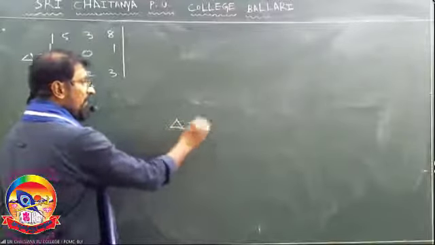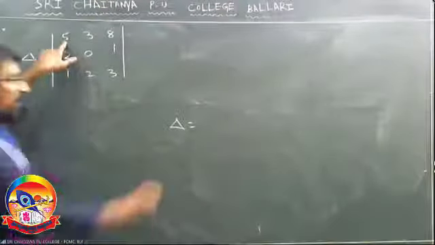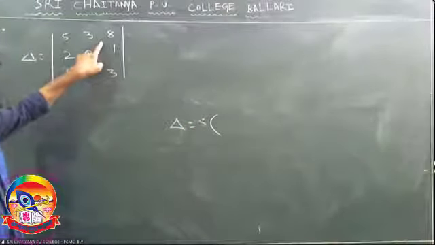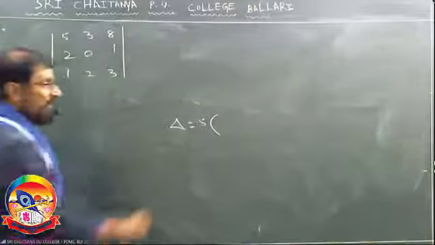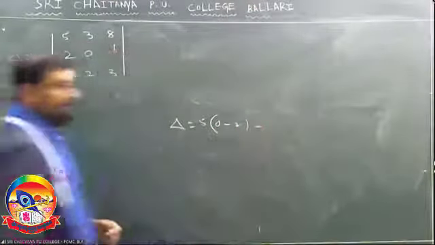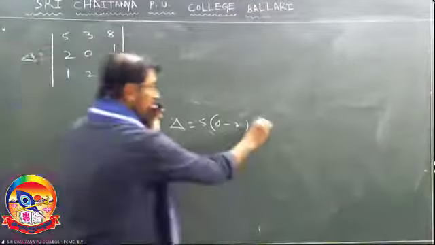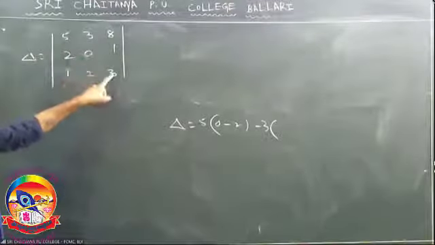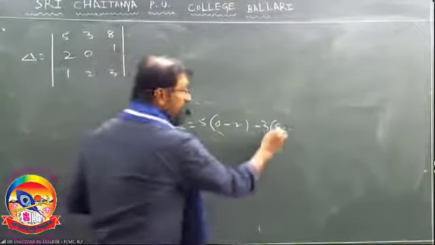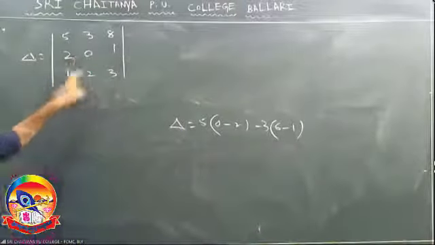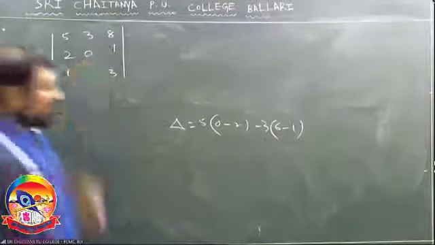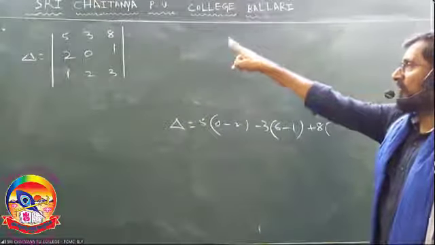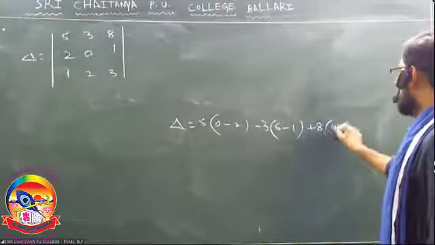Delta is equal to 5 into, excluding this column and this row, you are going to get 0 minus 2, minus 3 into, excluding this column and this row, 2 threes are 6 minus 1, plus 8 into, excluding the first row and the third column, 4 minus 0.